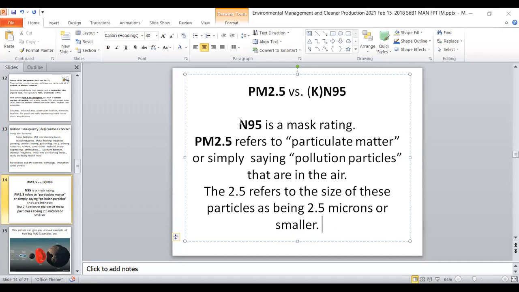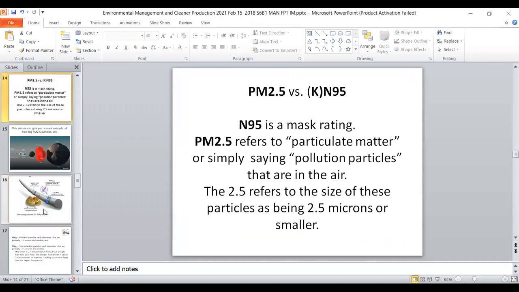So mask ratings and particulate size go together, because that is for filtration of particles.